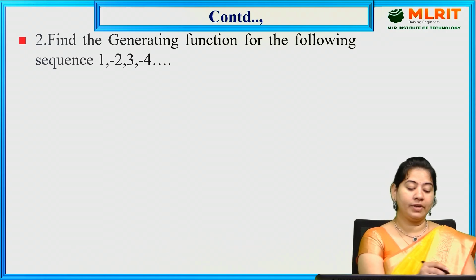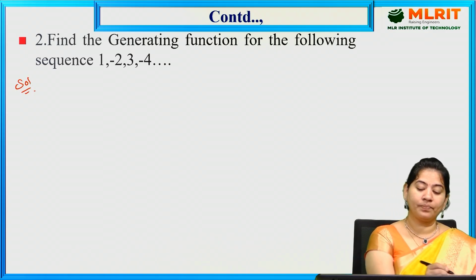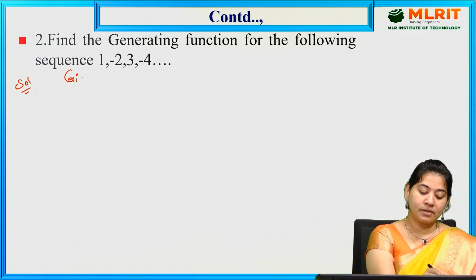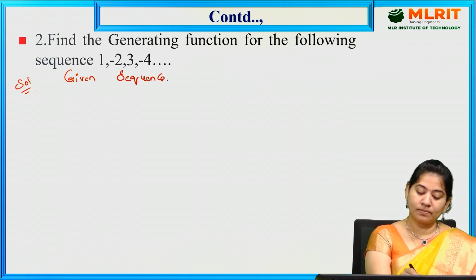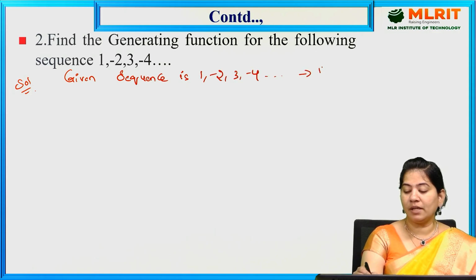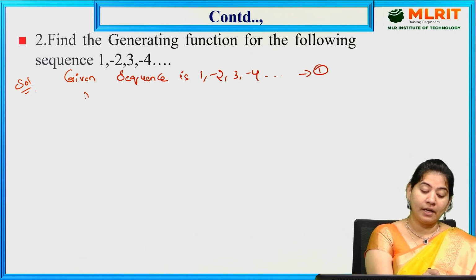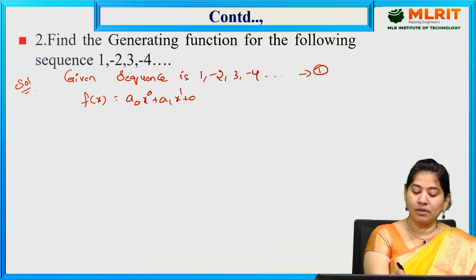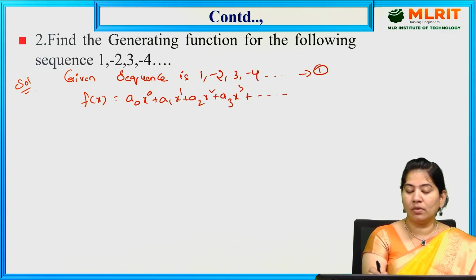Now we also have here the second one. So given sequences, 1, minus 2, 3, minus 4, and so on. This is equation 1. Now we know that f of x is equal to A0 x0, A1 x power 1, A2 x power 2, A3 x power 3, and so on.